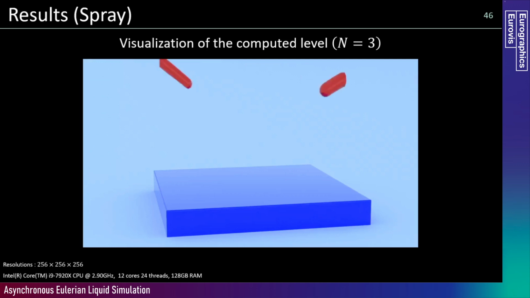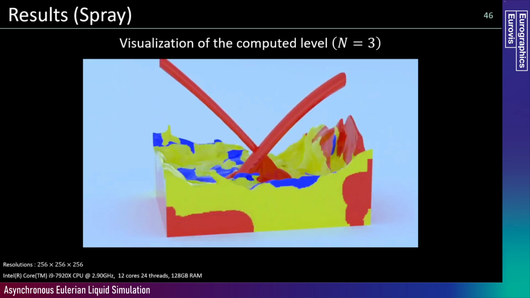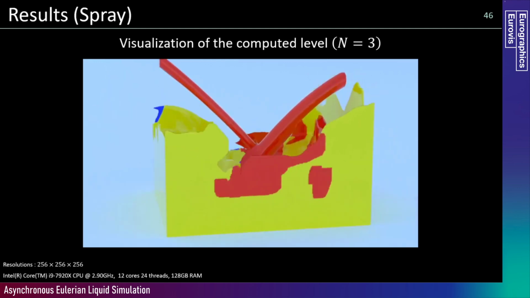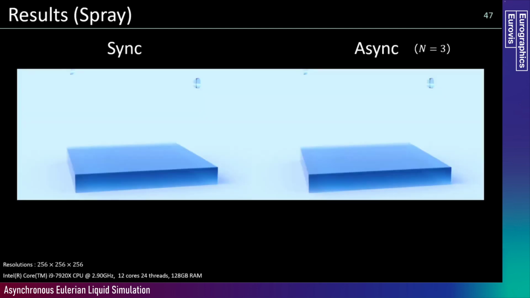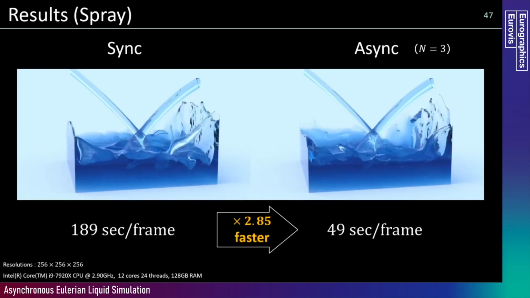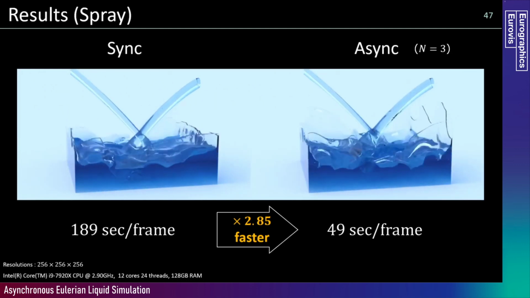In this case, most of the liquid moves dynamically and fewer regions are computed using large time step. You can see that the yellow and red parts are dominant in this result. However, our method can still reduce the total runtime and speed up 2.85 times with minimal loss of visual quality.